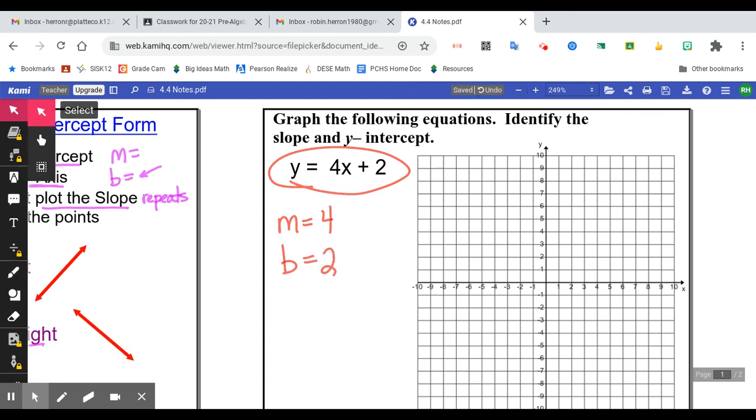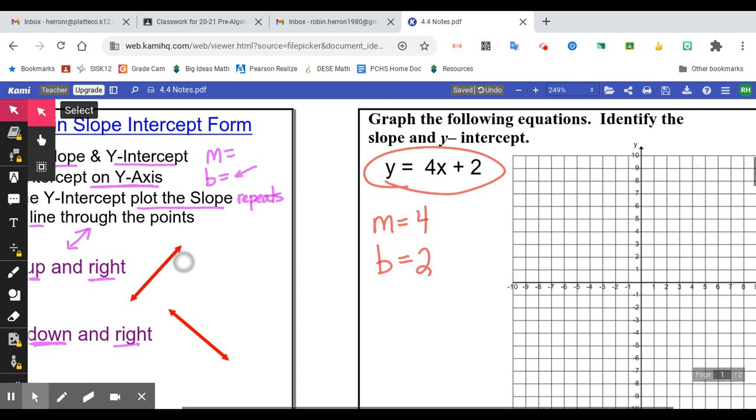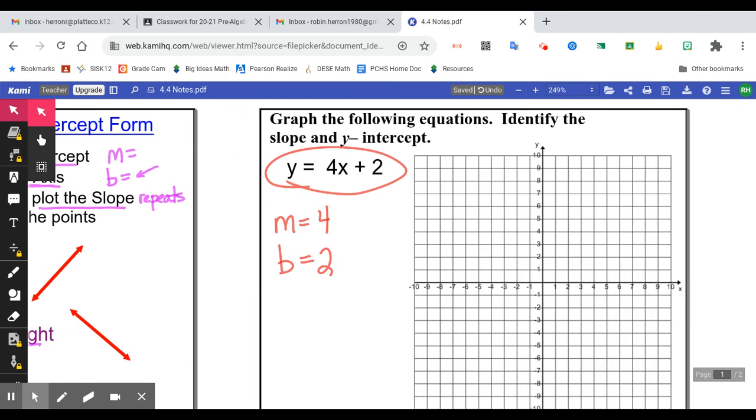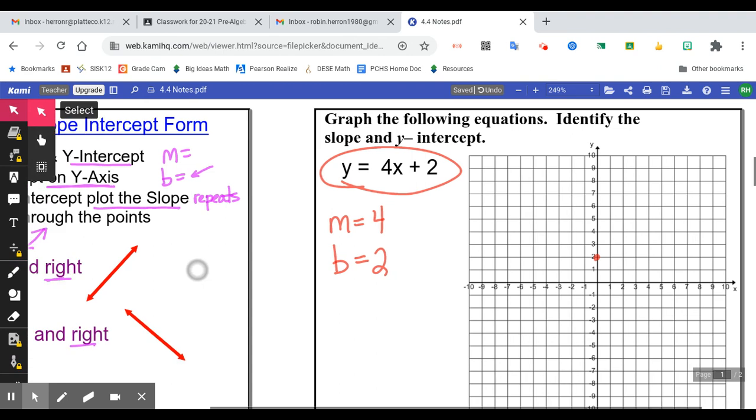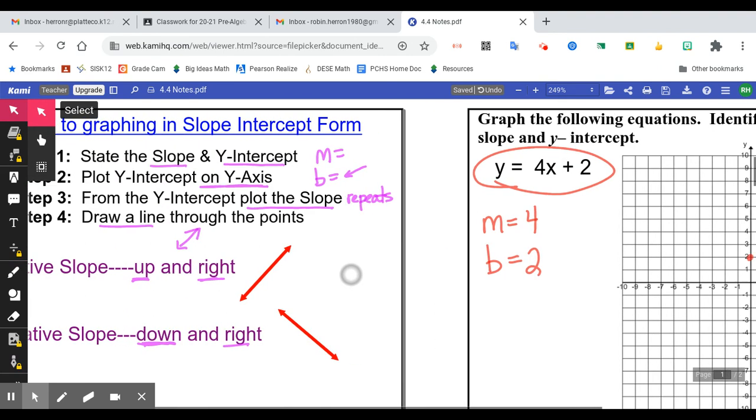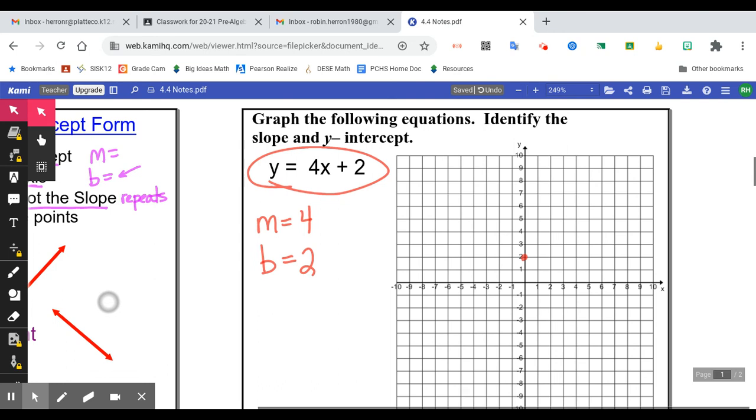So back over here, plot the y-intercept on the y-axis. It's the y-intercept, so it has to go on the y-axis. It's 2, so 2 on the y-axis is up 2 because it's positive. Then the next step says, from the y-intercept, plot the slope.